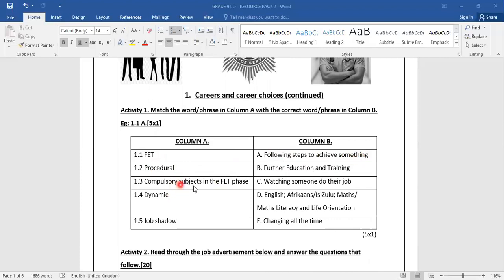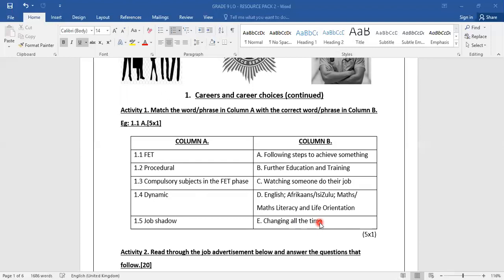1.3, compulsory subjects in the FET phase would be D, which are English, Afrikaans or isiZulu, Maths or Maths literacy, and life orientation, the subject or learning area rather, which you are currently having your lesson. 1.4, dynamic, would be E, which refers to changing all the time, changes that take place in the workplace all the time.